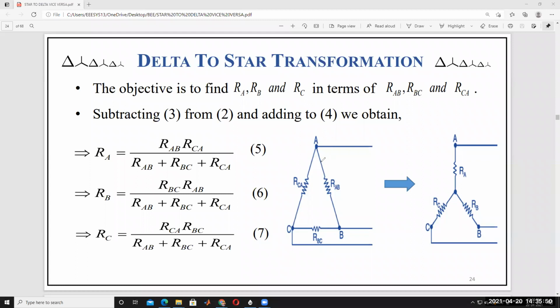So in the delta network, this is called star. This is called a neutral point. So what is the resistance here? RB. This is called RB, and this is called RA.